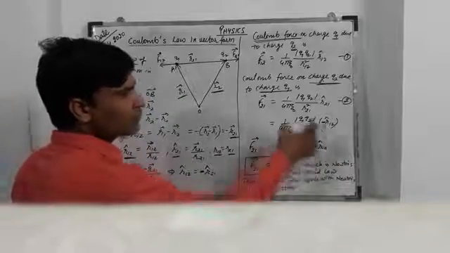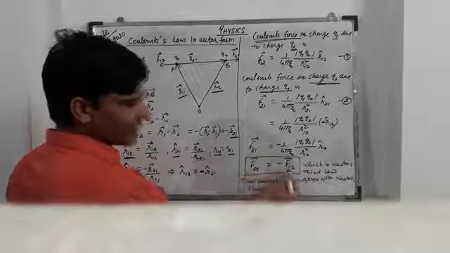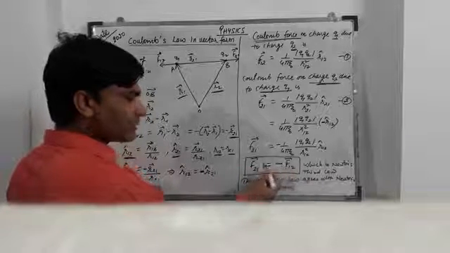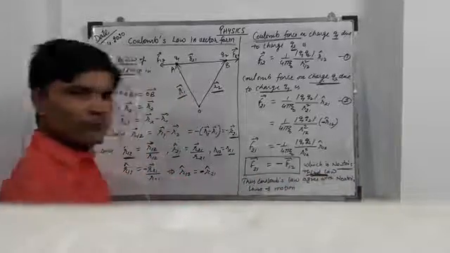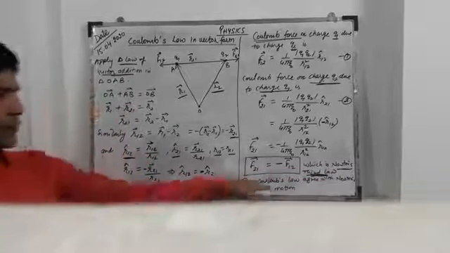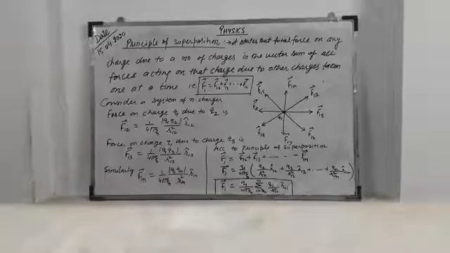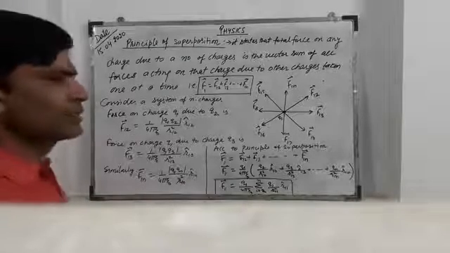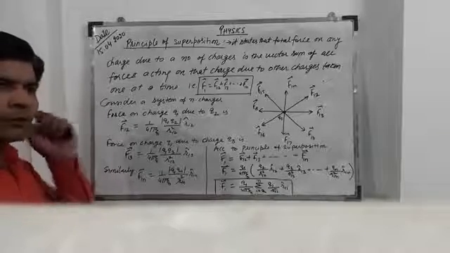But this is the value of F12, so F21 is equal to F12 with a negative sign. This is Newton's third law, so Coulomb's law agrees with Newton's laws of motion. Equations 1 and 2 are the vector form of Coulomb's law.